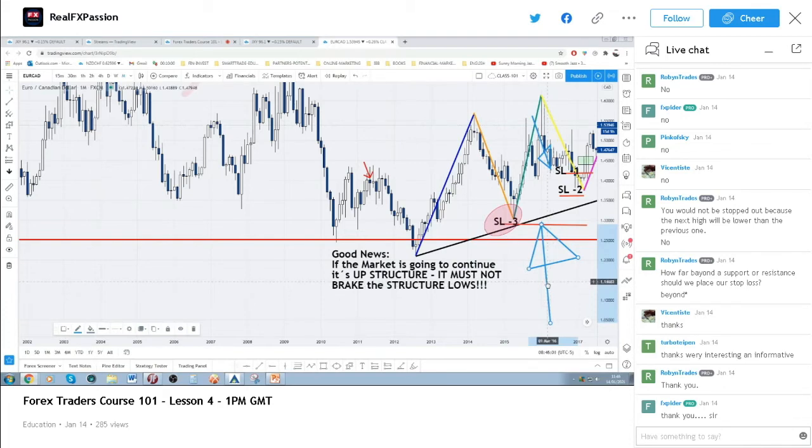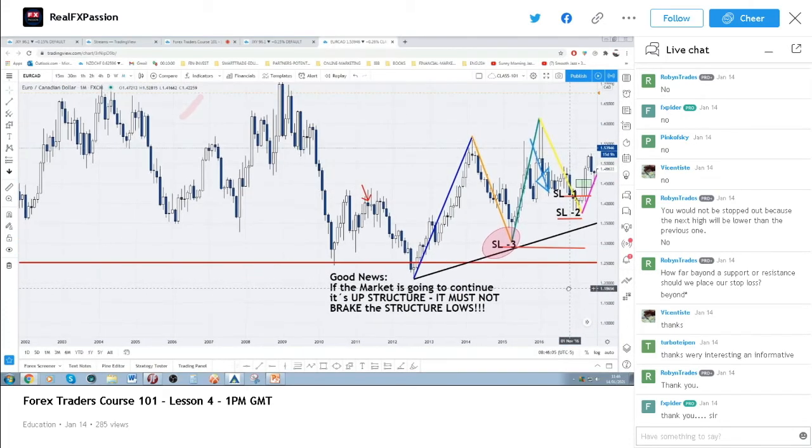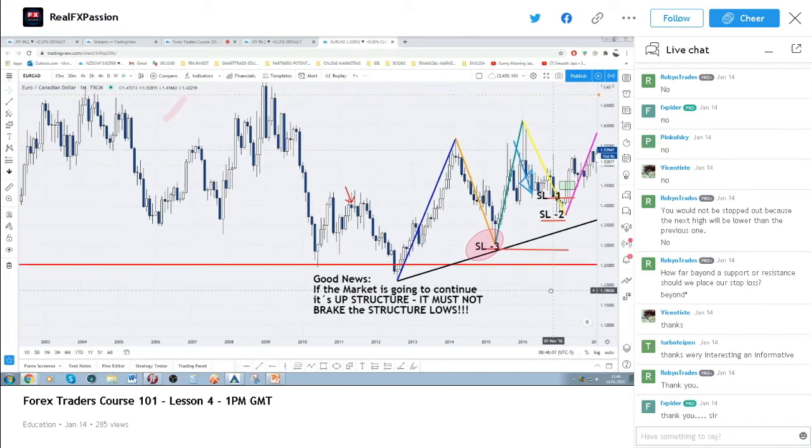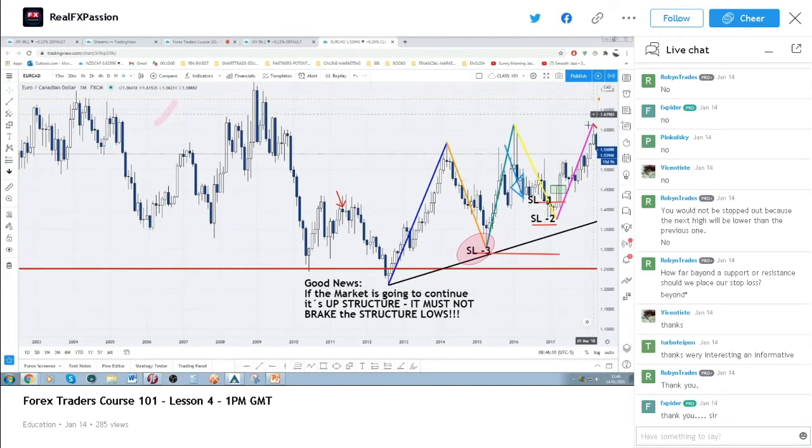Now, let's see. The market is moving up and established a new high. How about mixing it with a moving average? I'm not sure if I understand your question, but if you are asking whether you can mix moving average with structure, you need to backtest this.